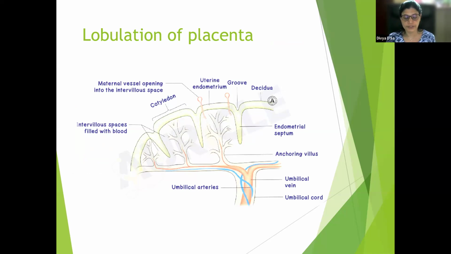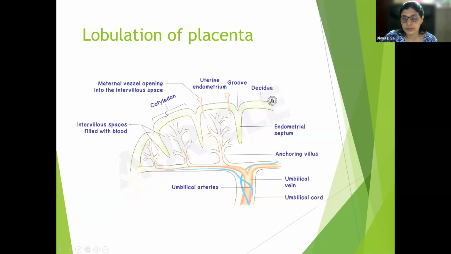So lobulation, when we say it, here this is the chorion plate. These are the villi which will be projecting. These are the tertiary villi. This is the truncus chorii, ramus chorii, and ramuli chorii, the further branching. And this is the decidua part, the decidua basalis.